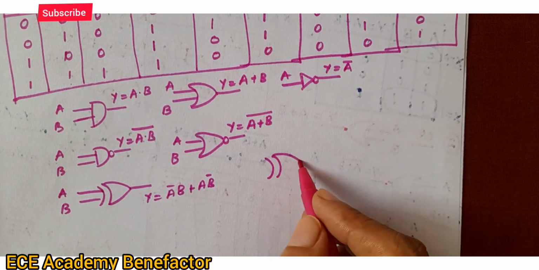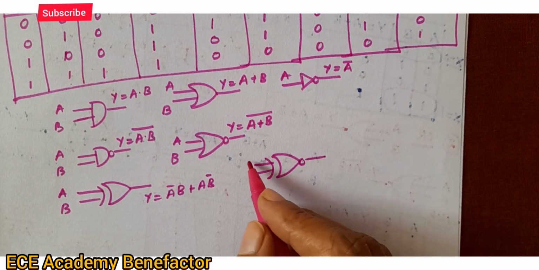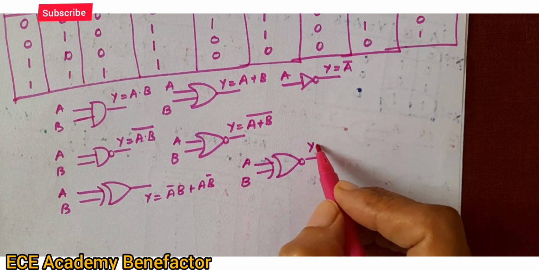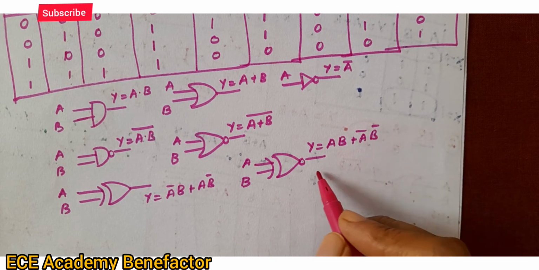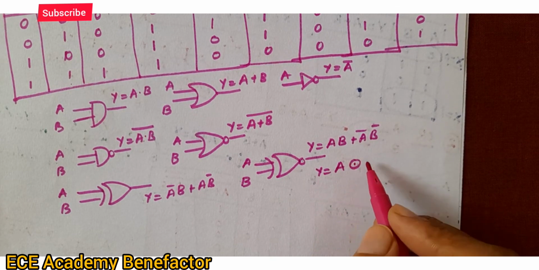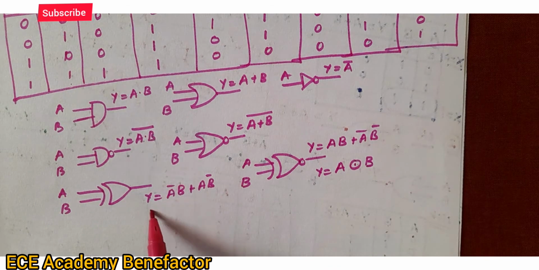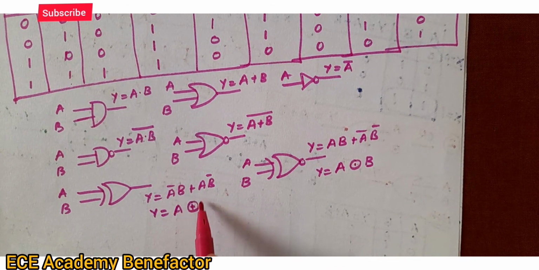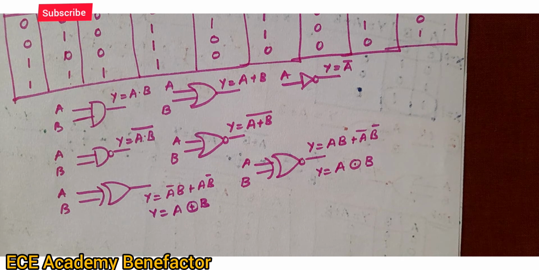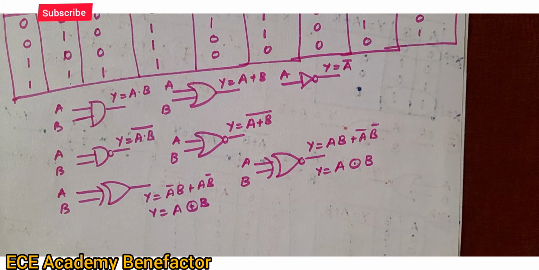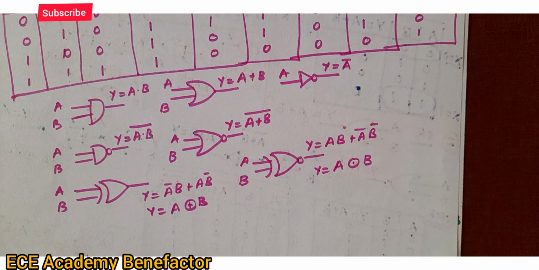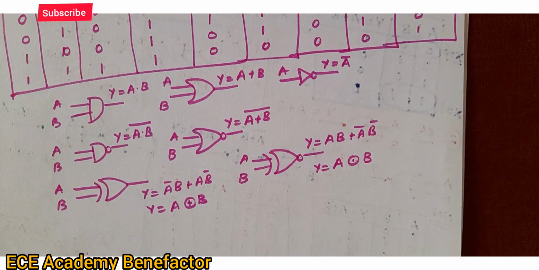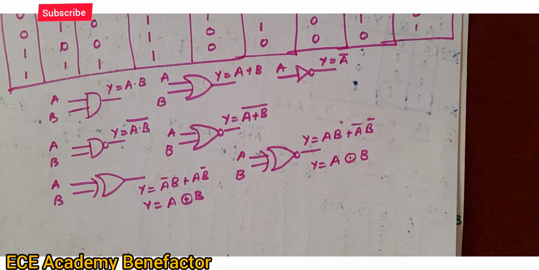XNOR gate, a bubble after XOR, y is equal to A B plus A bar B bar, which is also written as A XNOR B. This is written as A XOR B. In this way, we have completed the logic gates with the logic symbols, truth tables, timing diagrams, and how we can use NAND and NOR as universal gates.